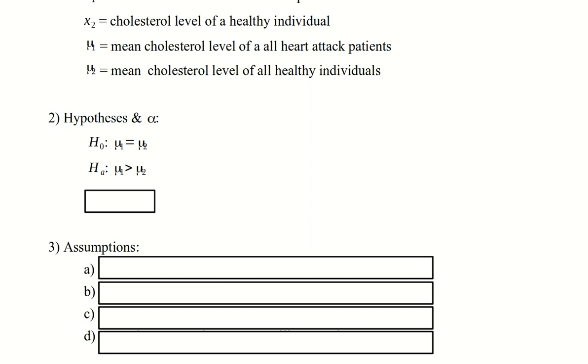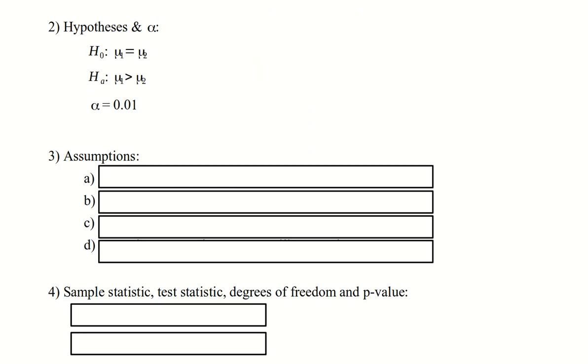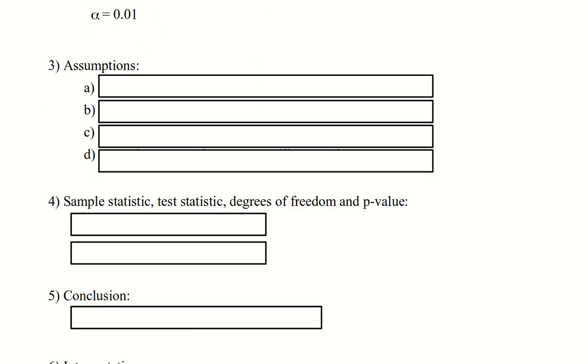We were asked to test the claim that the first population, mu sub 1, the population of folks who've suffered a heart attack, has a cholesterol level greater than those folks who didn't show any sign of heart disease. And a reminder of alpha, our level of significance. Alpha is 1%, 0.01.